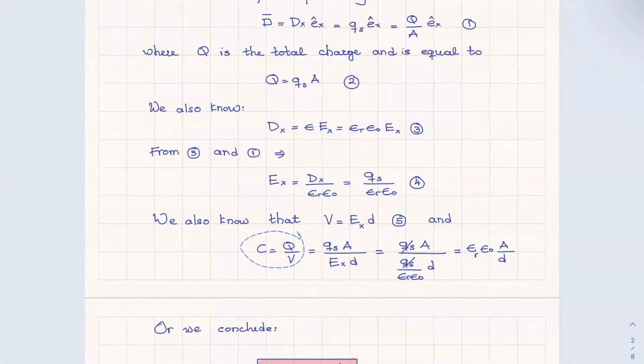Then we have from here that the capacitance of an ideal capacitor is equal to epsilon sub r, which is the relative dielectric constant, epsilon naught, which is the permittivity of free space, times the area of the conductors divided by the distance.